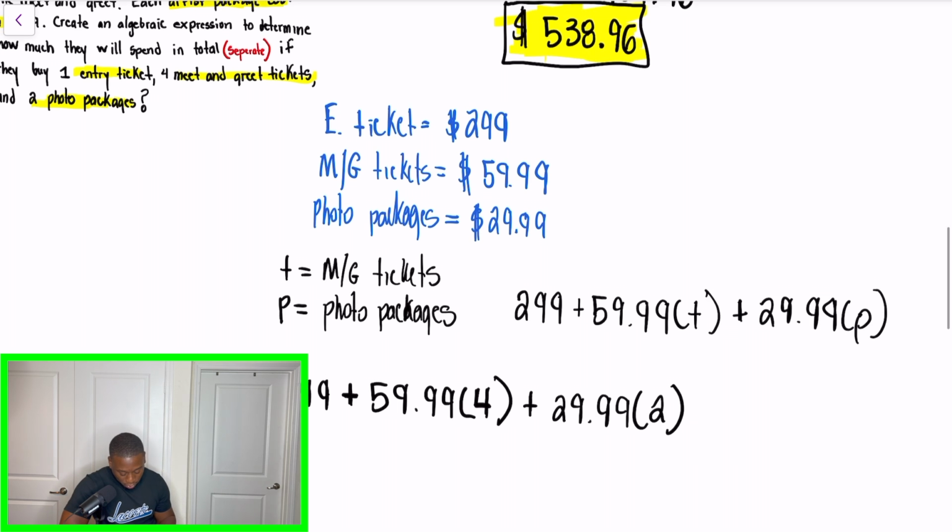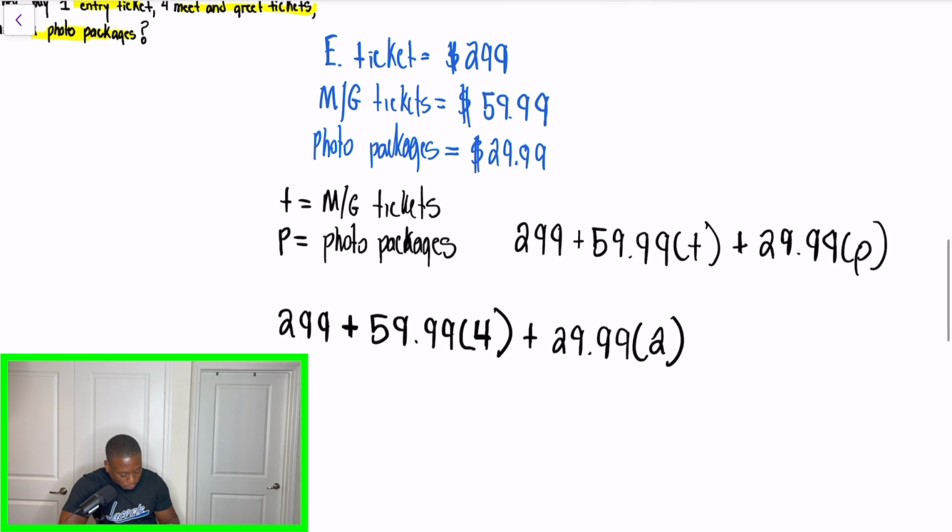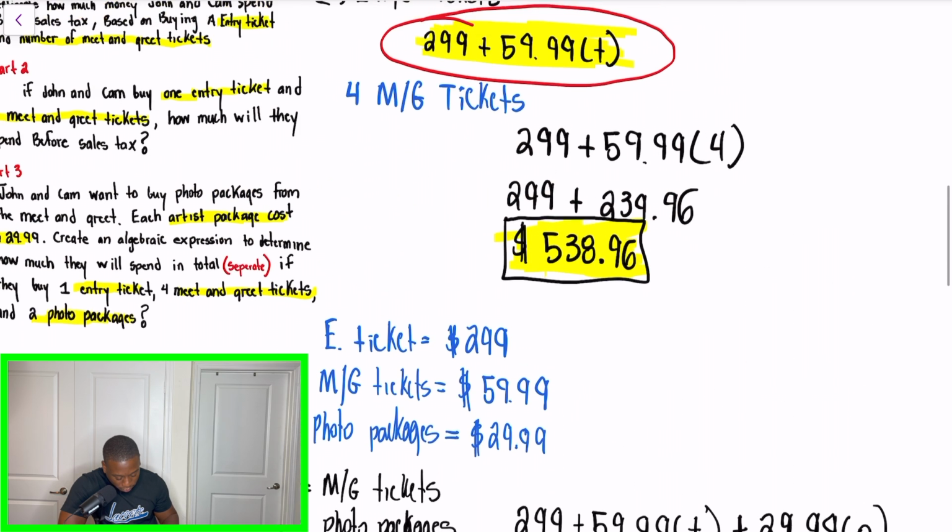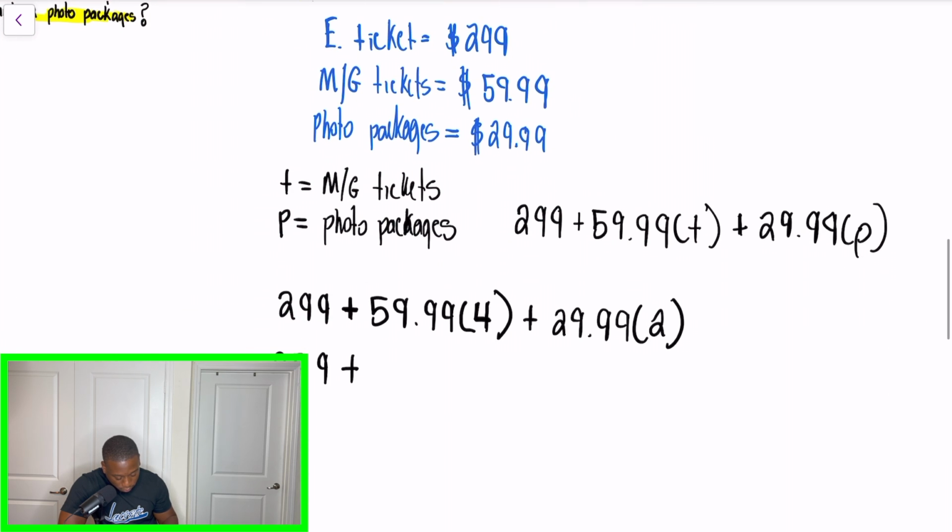So we wrote out our expression, and now all we need to do is go back in and simplify our expression. So from the previous problem, we know we have 299 plus, and let's just do this one more time. I don't want to have to scroll up again. All right, so we have plus 239.96.